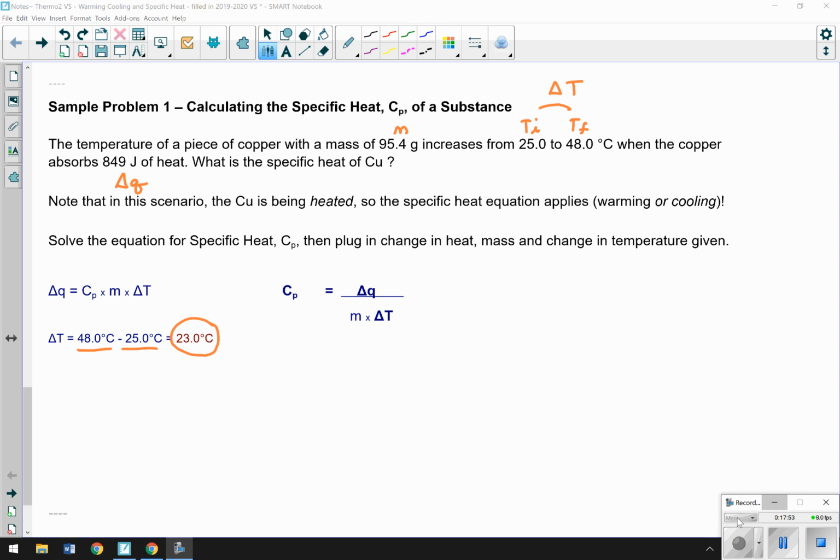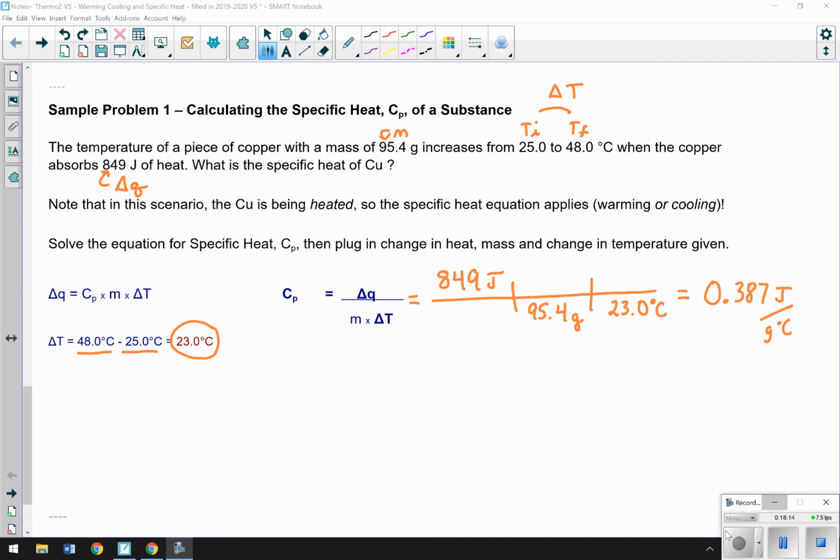So really what you just have to do here is take the specific heat equation, solve it in terms of CP. So if you rearrange this equation to get it solved in terms of CP, then you just have to plug in the numbers that were given in the problem.